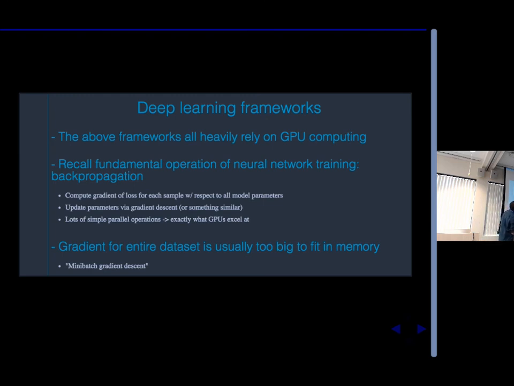So basically, that's exactly what GPUs are designed to do, lots and lots of simple operations in parallel. So these frameworks are able to distribute your backpropagation steps between different cores of a GPU, and it'll really speed your computations up quite a bit.